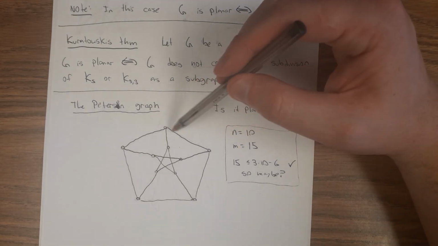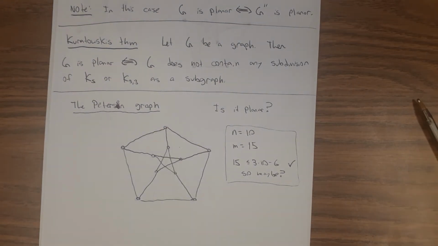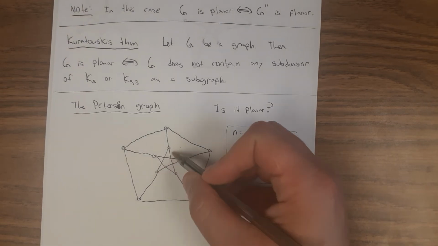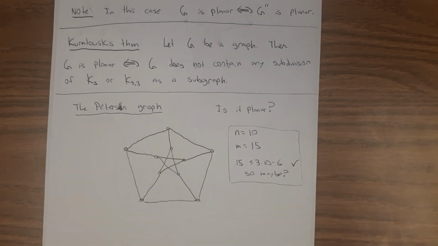This graph, okay, let me start over here. Of course, when you look at this graph, most people notice that at least vaguely, it kind of looks like K5. I mean, I have 5 vertices in the middle with this star-looking thing. Maybe it's hard to explain the vague similarities, but it just kind of looks in some ways like K5.